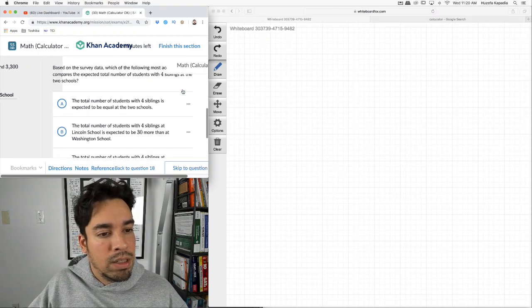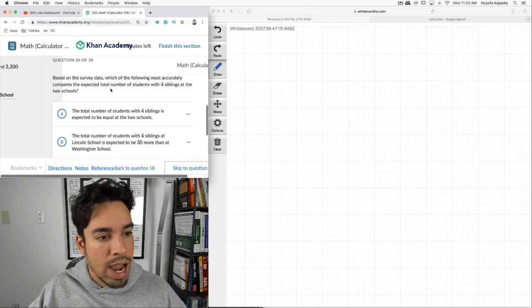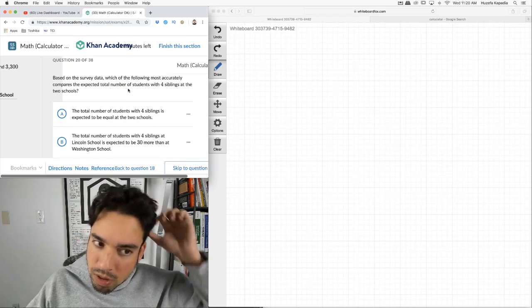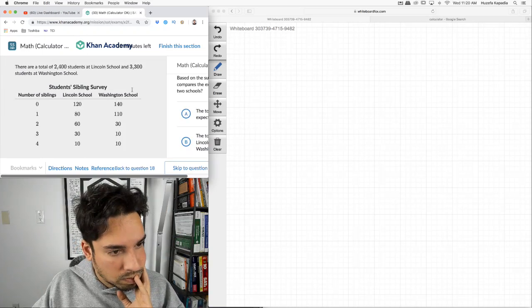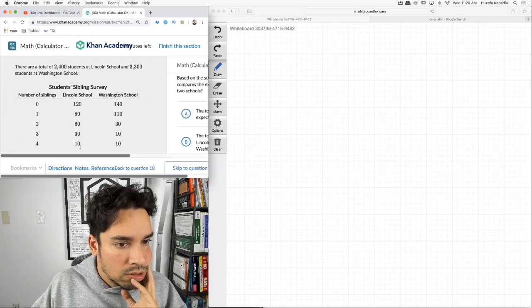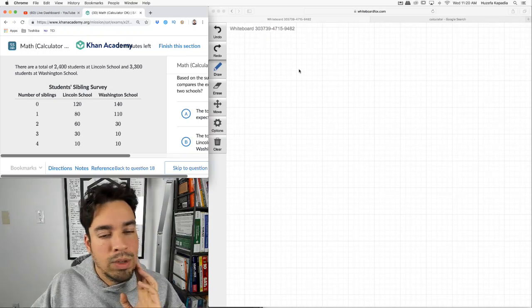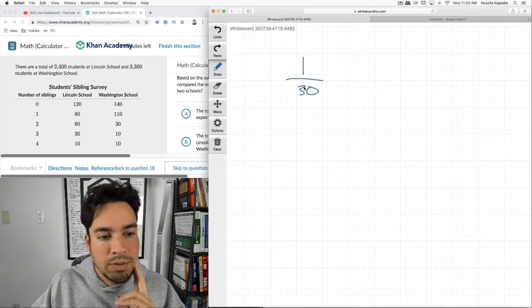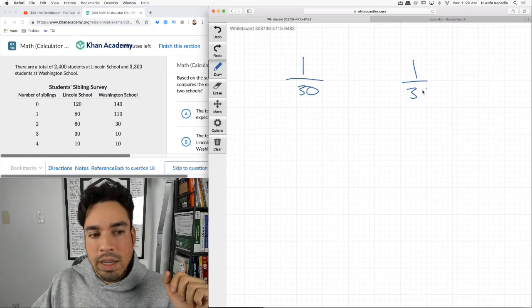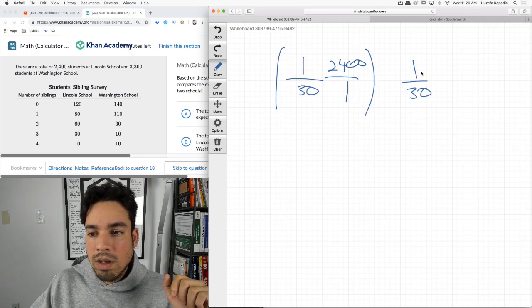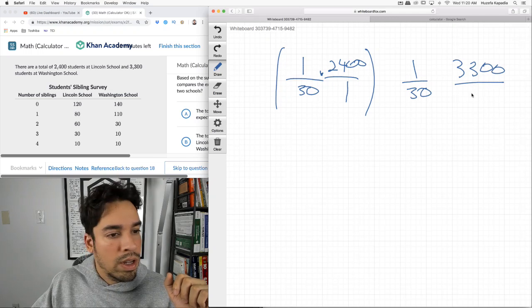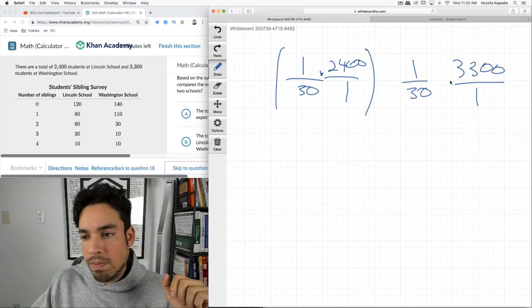Number 2, based on the survey data, which of the following most accurately compares the expected total number of students with 4 siblings at the 2 schools? So this is 10 out of 300, so 1 out of 30 for each, except 2400 at Lincoln, and 3300 at Washington.